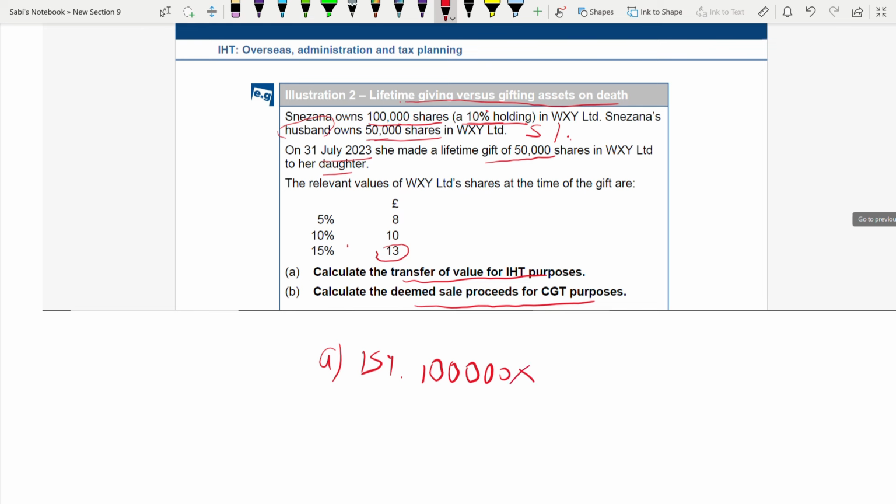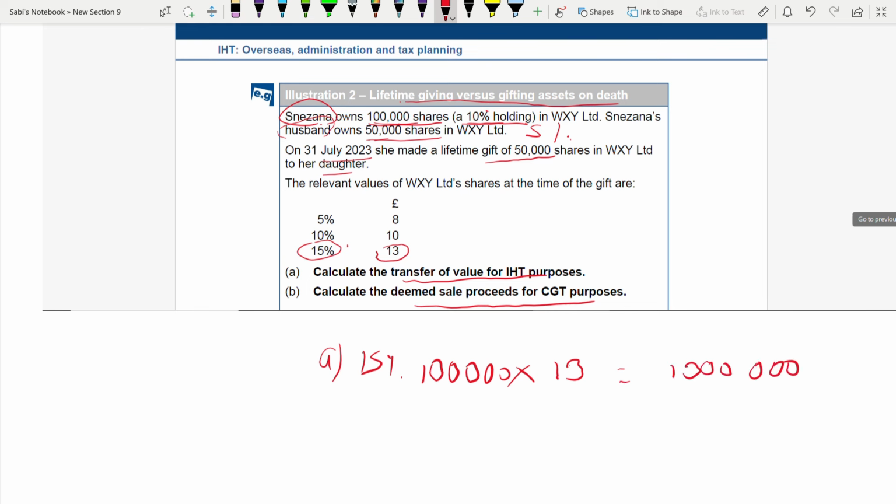100,000 into 13. This is based on the 15% holding. You have to take the husband's holding as well as the wife's holding because it's related. But you have to apply the price on the 100,000 shares because the donor is the wife. So it's 1,300,000 before the gift.